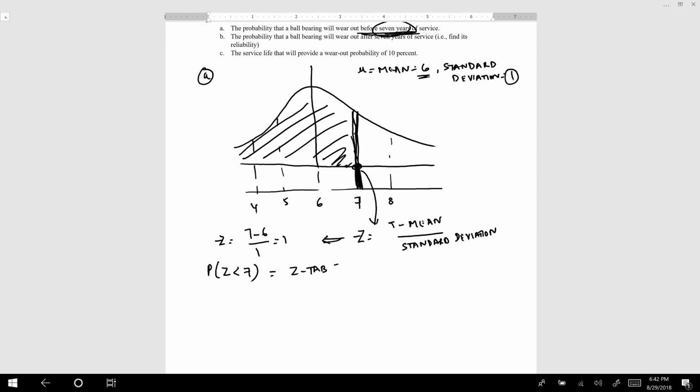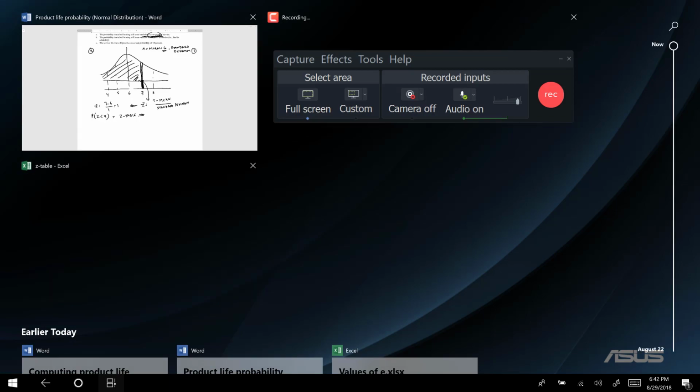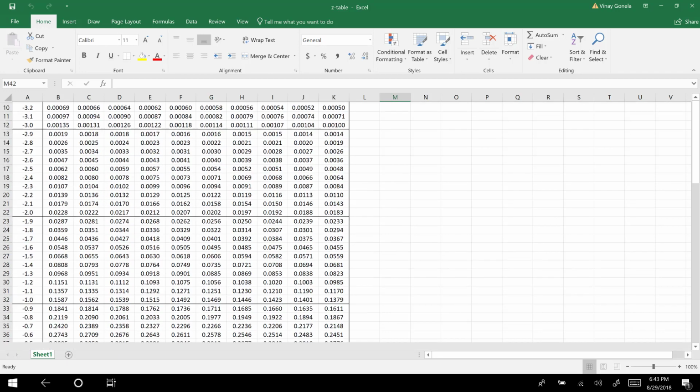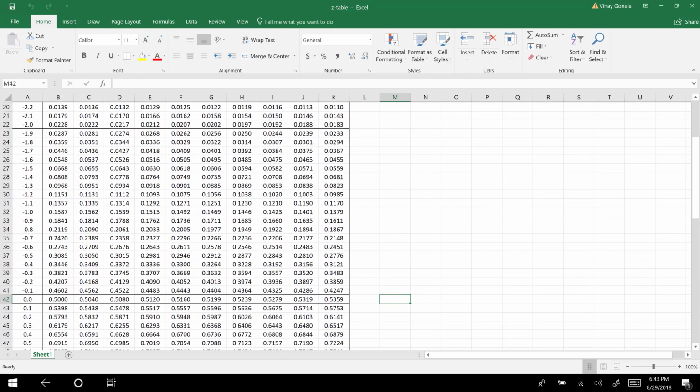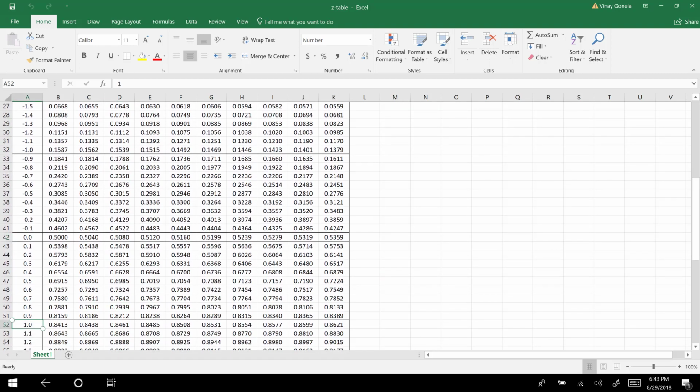It's available at the end of your textbook, but I will also provide this Excel sheet which has the z table. The first column is z, so I'm looking for a value of 1, so z of 1.